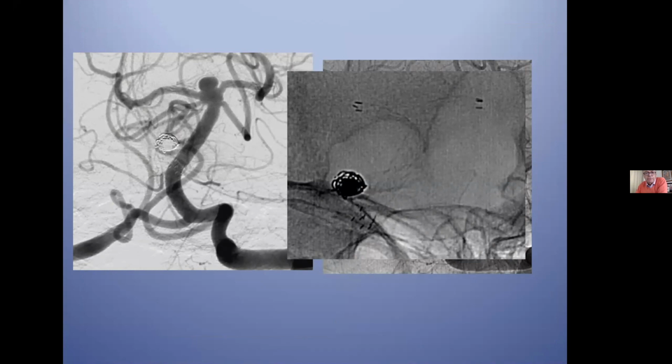In some cases, occluding the vessel, the posterior cerebral artery, very close to the neck is efficient. The risk is infarct, but it is efficient. In wide neck aneurysms, I prefer to use a double stent.